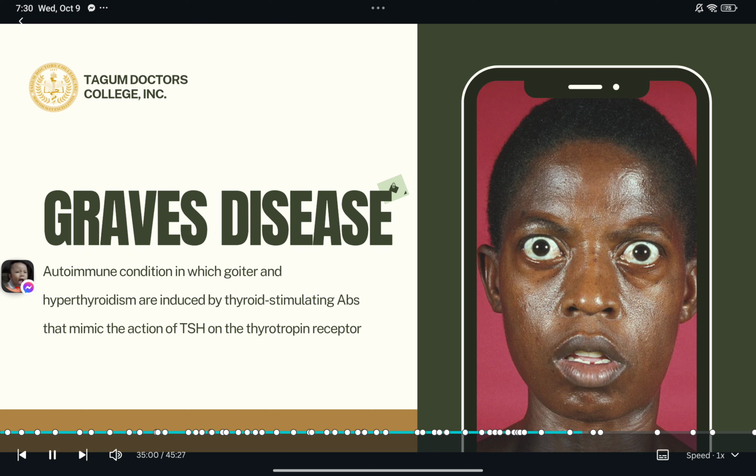So nagasobra-sobra ang release and there is no sort of negative feedback loop na nagkakahitabo. So masobra ang release sa ato ang thyroid hormones causing goiter and possible thyrotoxicosis as well. And then because of the antibodies that mimic the action of our TSH, it causes an increase in the stimulation of the release of our T3 and T4. Okay.